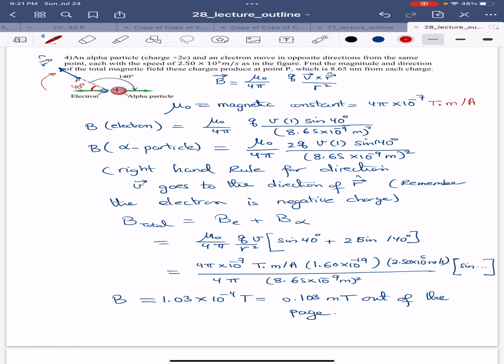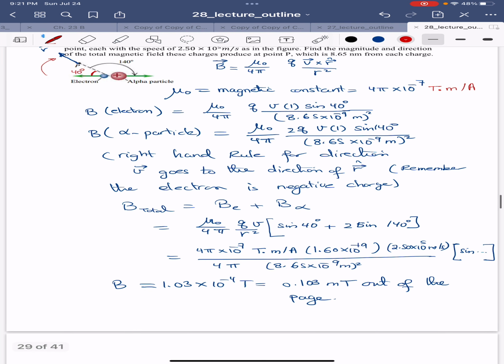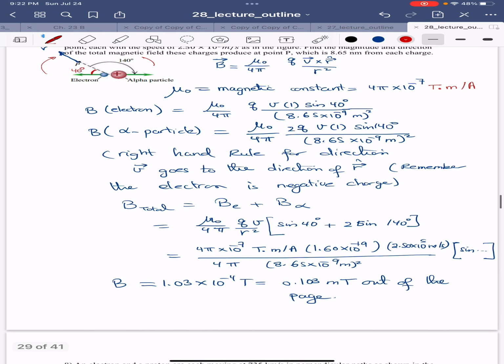For the alpha particle, v, the green, goes toward the blue, and then my thumb points out of the page. If I wish to calculate the total magnetic field, it is the magnetic field of the electron plus the magnetic field of the alpha particle.